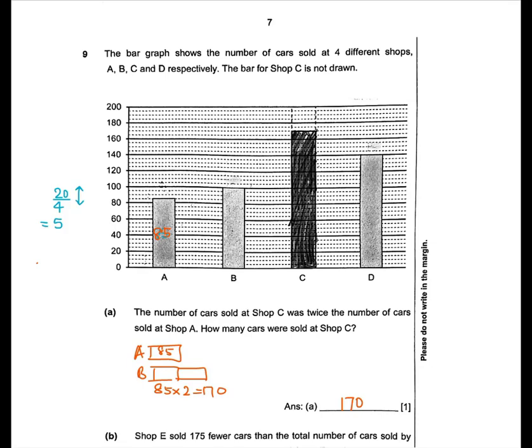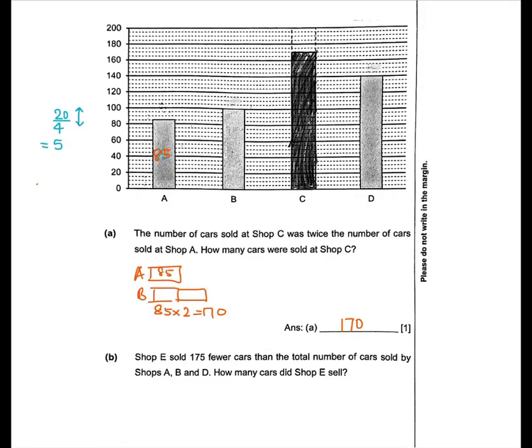So shop E sold 175 fewer cars than the total number of cars sold by shop A, B, and D. How many cars did shop E sell? So for this one, we have to find out the total number of cars sold by A, B, and D. So first thing is A, we know 85. B is 100. It clearly marks up to here, so I can easily put it as 100.